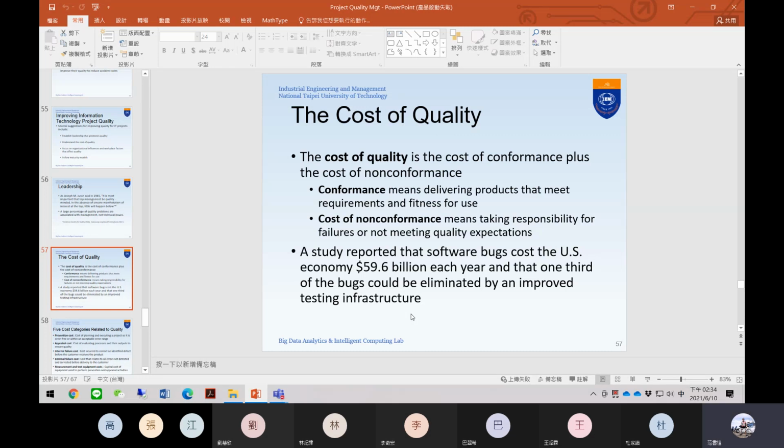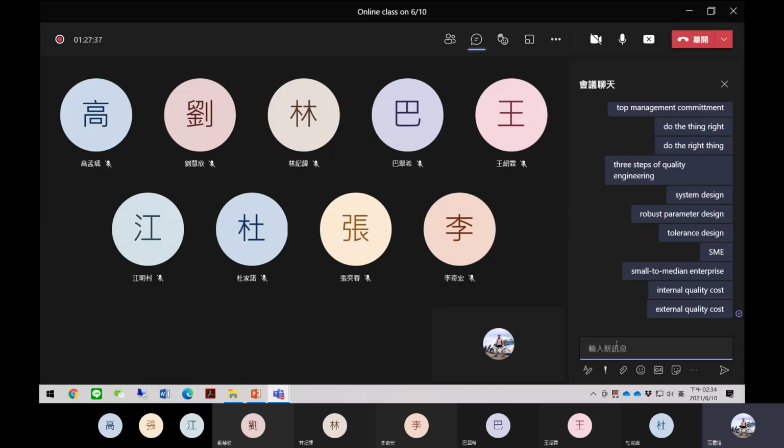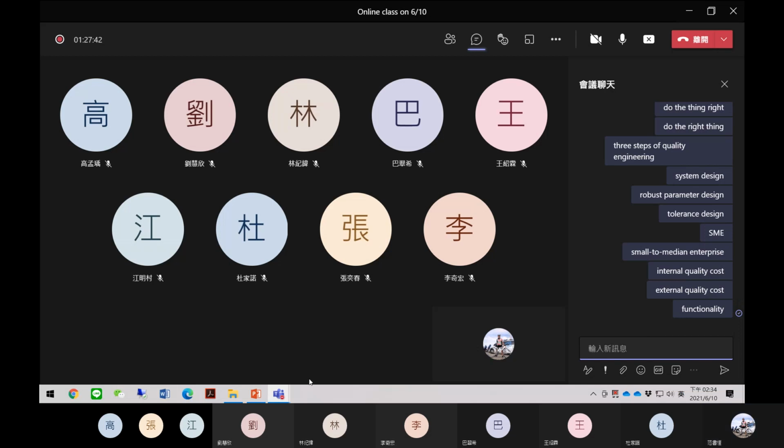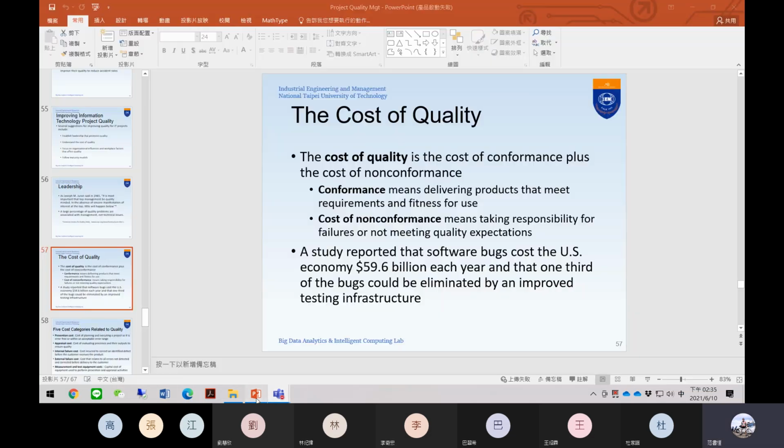Conformance means delivering products that meet requirements and fitness for use, so we only check the functionality. Second, cost of non-conformance means taking responsibility for failures or not meeting quality expectations.